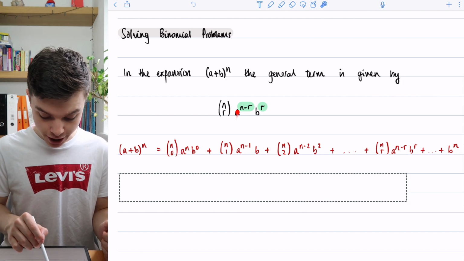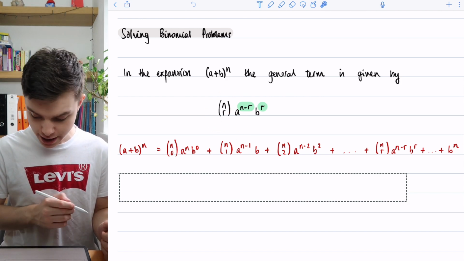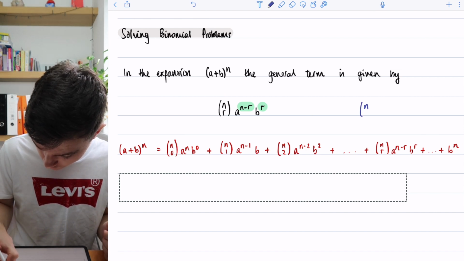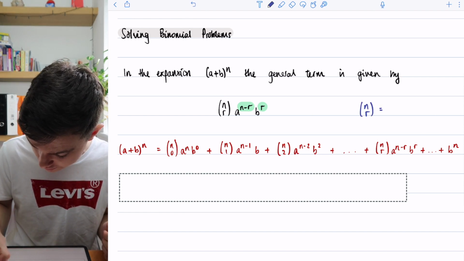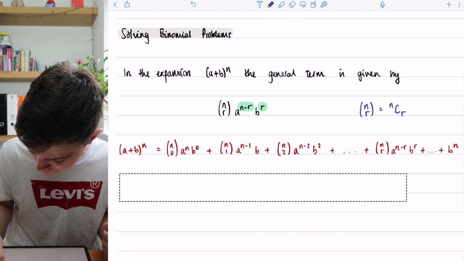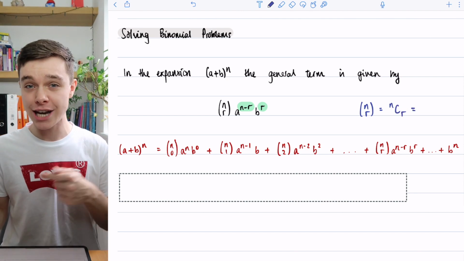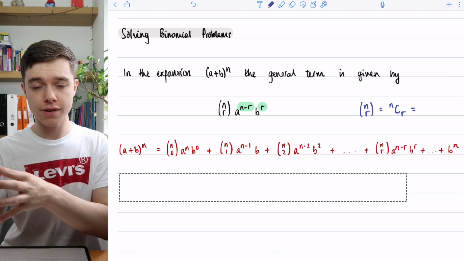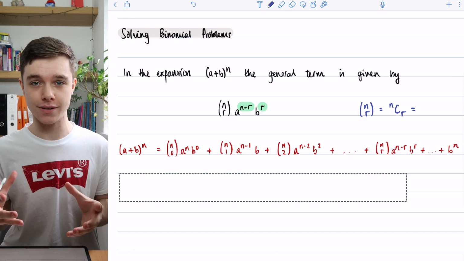Remember from the previous video, this is a combination, okay? And let me write that in blue actually. nCr, written like that, can also be written nCr, and that's said n choose r. It's the number of ways of choosing r items from a total group of n items, okay?